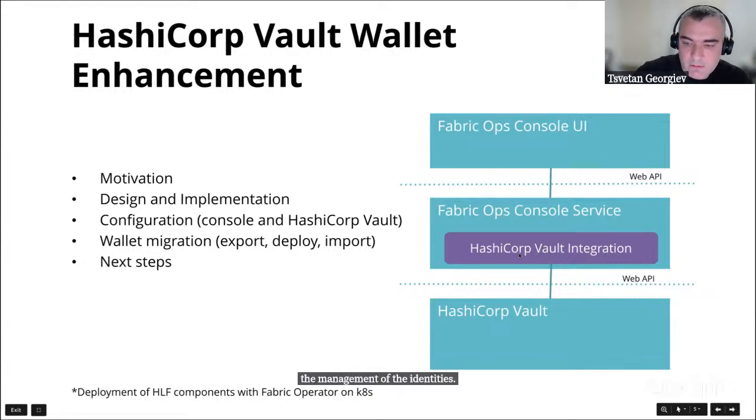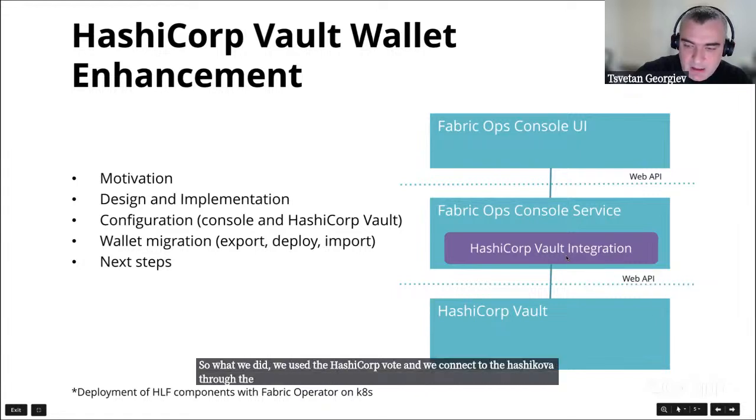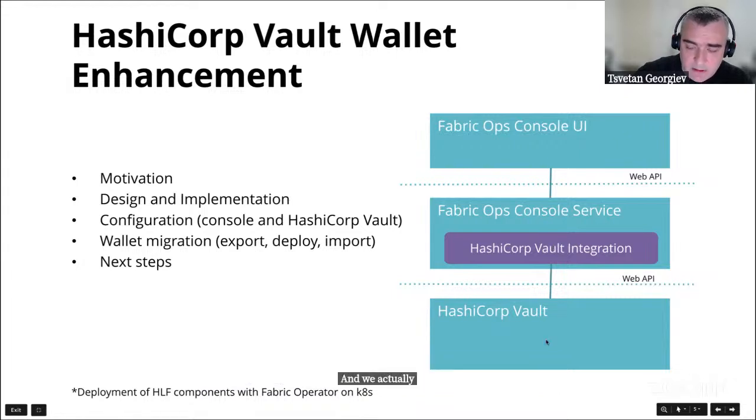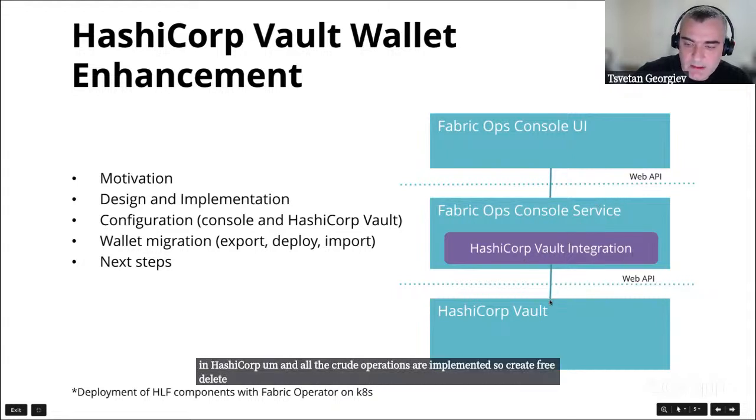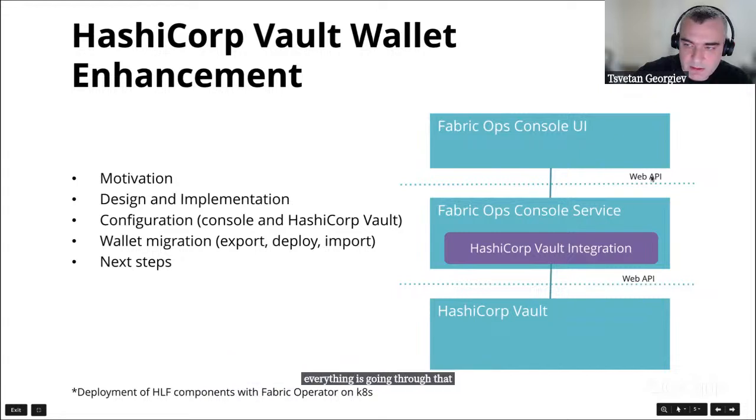So we used the HashiCorp Vault, and we connect to it through the APIs, and we store the identities in HashiCorp. All the CRUD operations are implemented: create, read, delete, everything is going through that web service with that new set of web APIs that are consumed by the console.